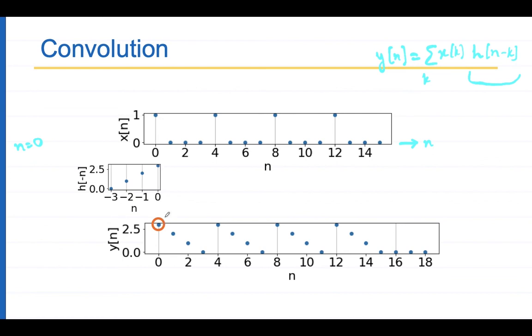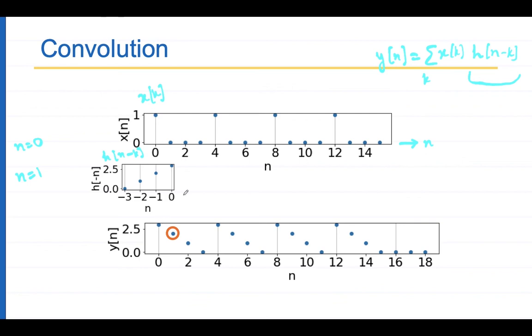Now next, let's go to n equal to 1. Here n is 1, so it is h of 1 minus k, and this is how the plot will look. If I multiply these two element-wise and sum, then only this term will appear, and this term is here.